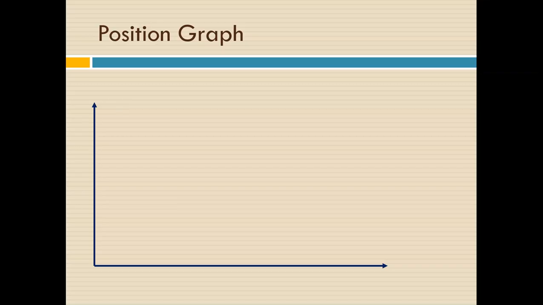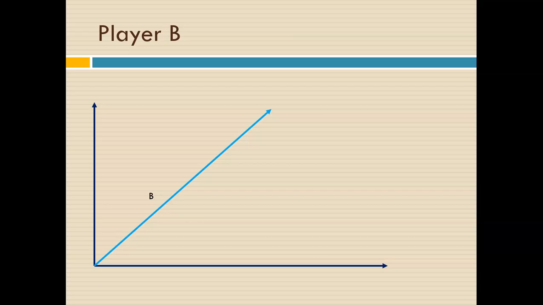Player B is going to move at a constant velocity, so what should the line look like? We're looking at a position versus time graph. It'll be a straight line with an upward slope, so it'll look like that. That's player B.